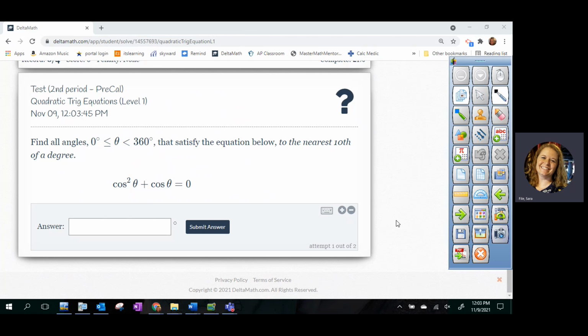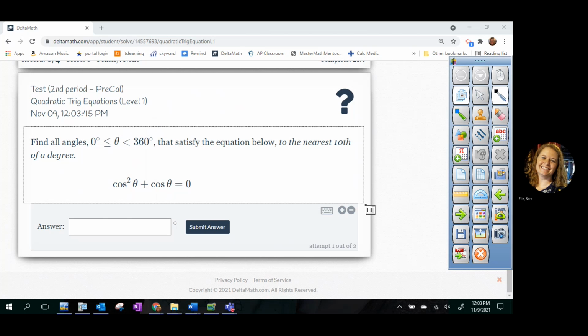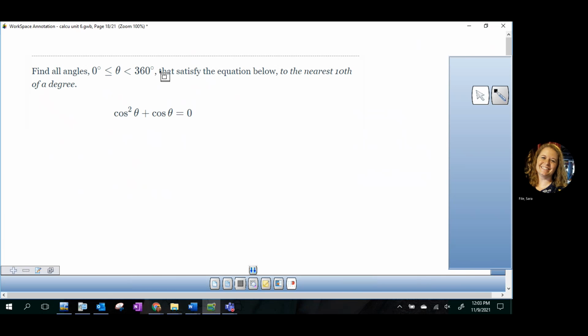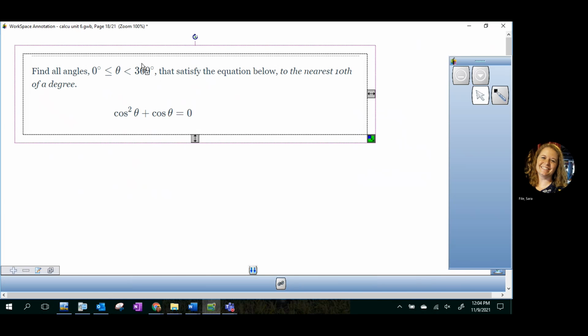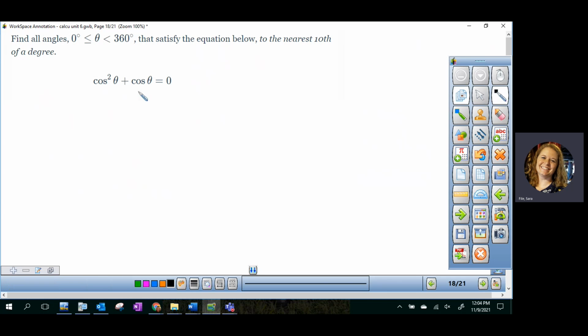Okay, so for this one, for instance, so I can write on it. We have 2 terms that have a trig function in them. Okay, it's already set equal to 0, so I can factor here. GCF, greatest common factor. They both have cosine, so the cosine can be factored out, which would leave you with a cosine plus 1.